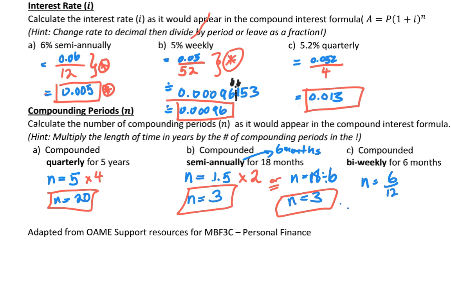Then we multiply that by, well, you guessed it, 26, because bi-weekly means there's 26 periods throughout the year, which means our n value in this case is going to be 13, and we're done.